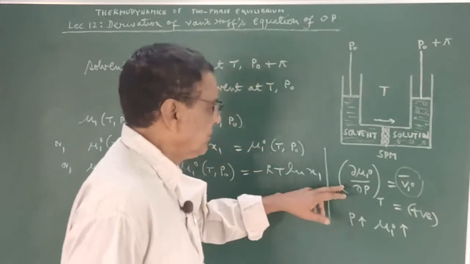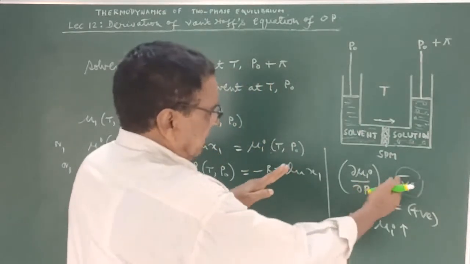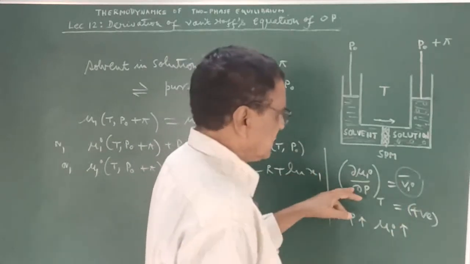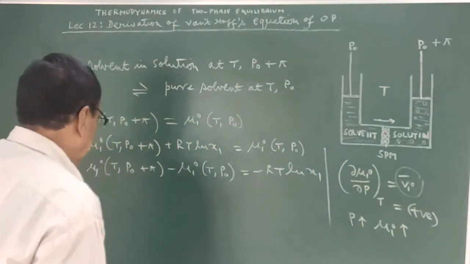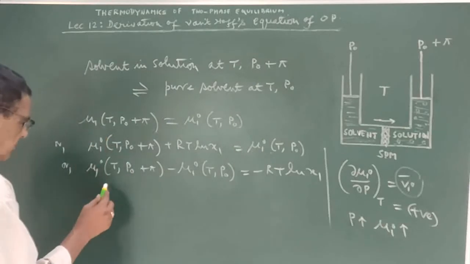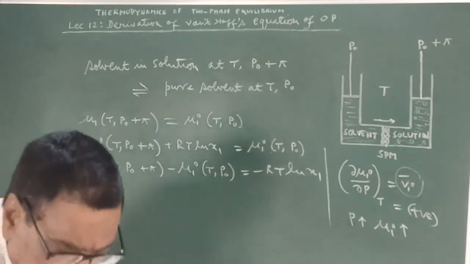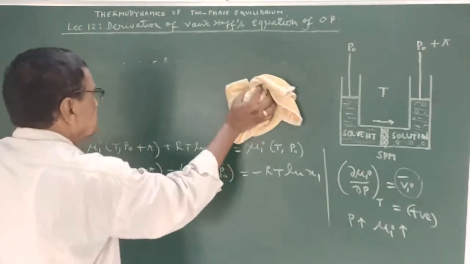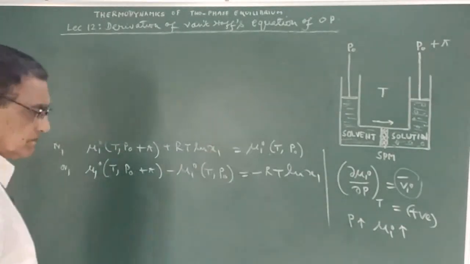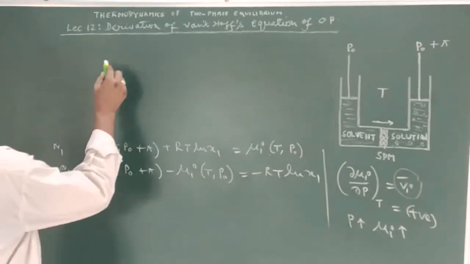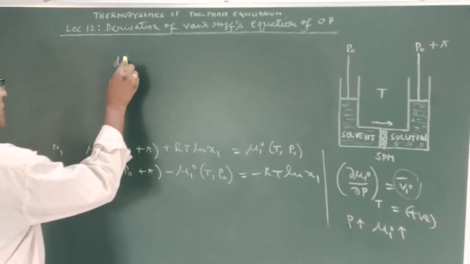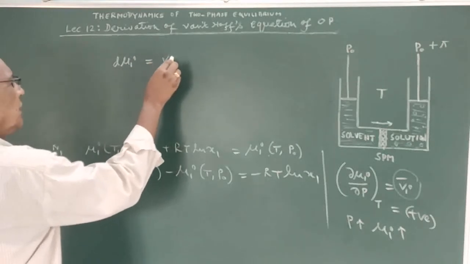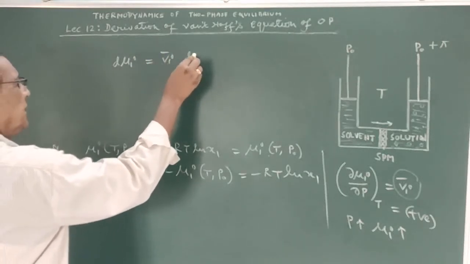So if we separate the variables, then d mu1 naught equals V1 naught bar dP.